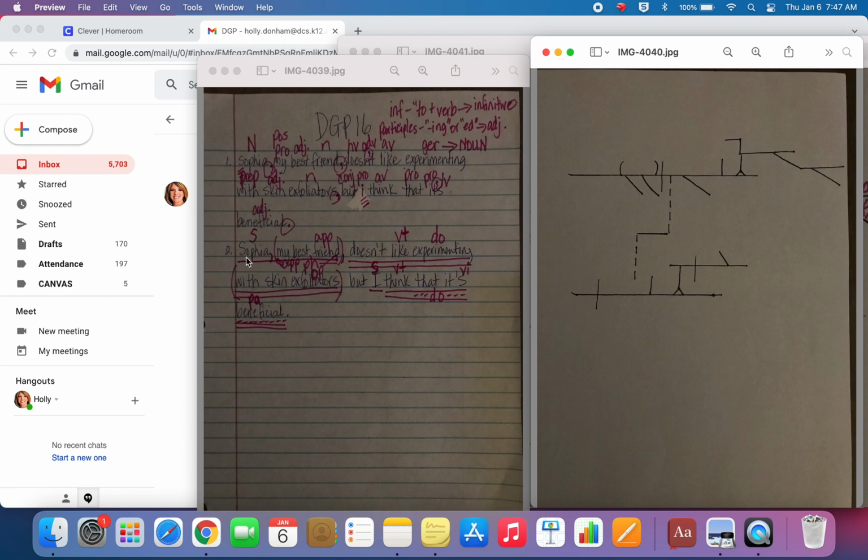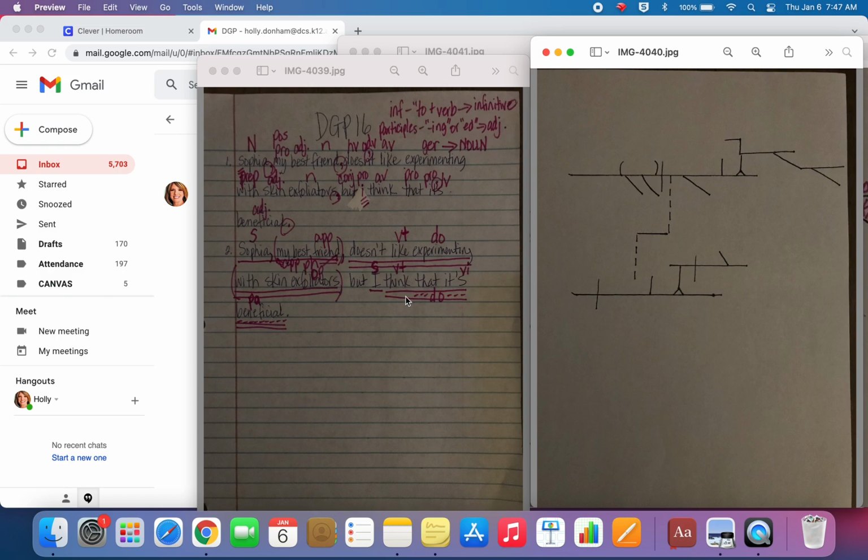It specifies who she is, gives you more information, a truer indication of who she is. And so that entire phrase is going to be your complete subject. And then the rest of that clause is going to be your predicate. So do a double underline, doesn't like experimenting with skin exfoliators.